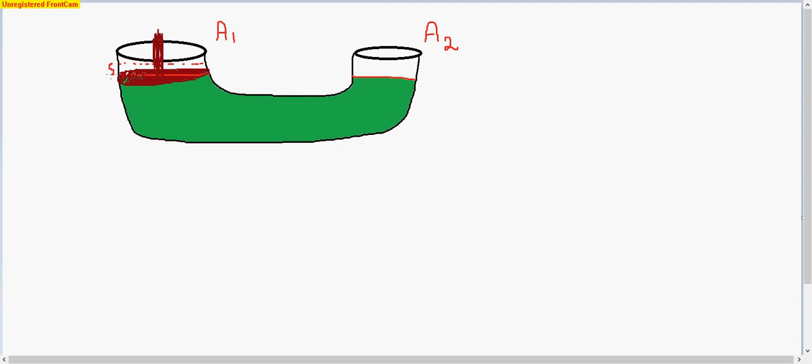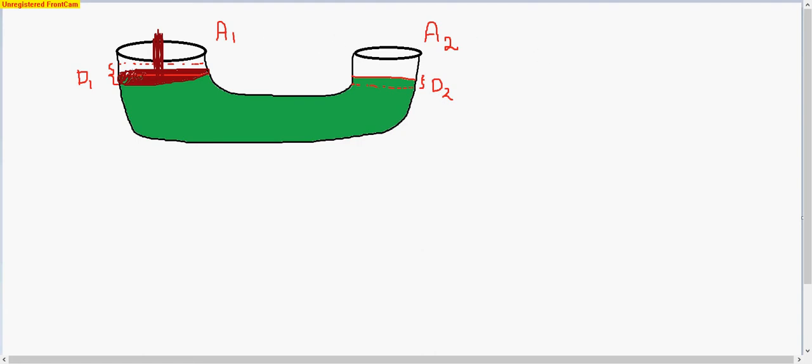It covered a distance, let's assume, d1. And let us also assume that before we pushed the piston, the water level was this much, and it increased a height d2.